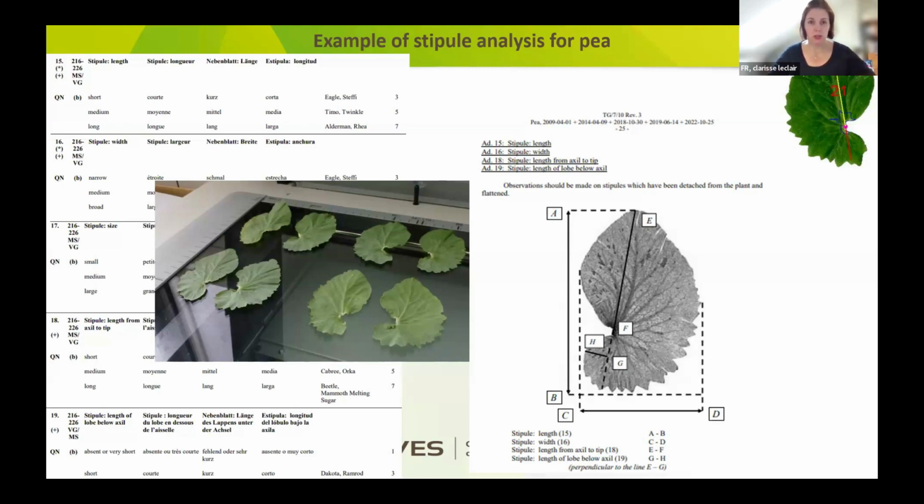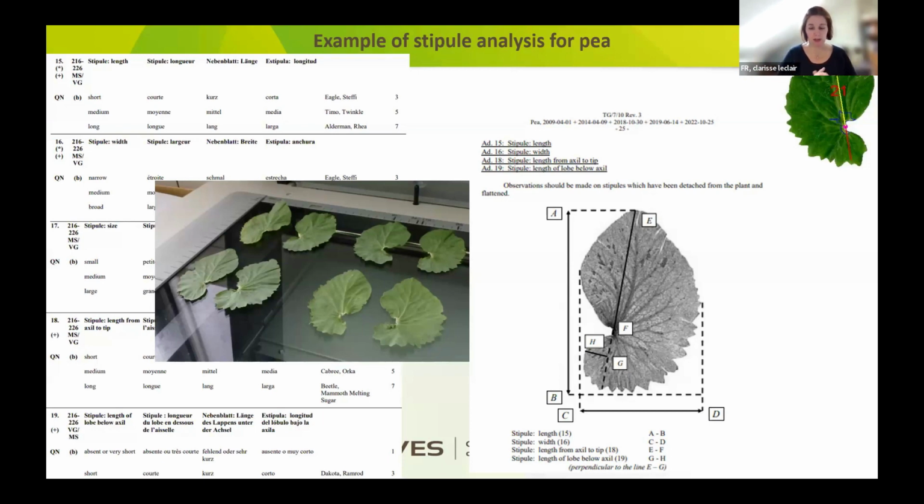So to do that, as mentioned in the previous slide, we collect the stipule in the DUS trial. We take back the fresh stipule in a lab, and then we scan the stipule as in the picture on a scanner. It's always the same scanner with the same settings that we use for several years now.